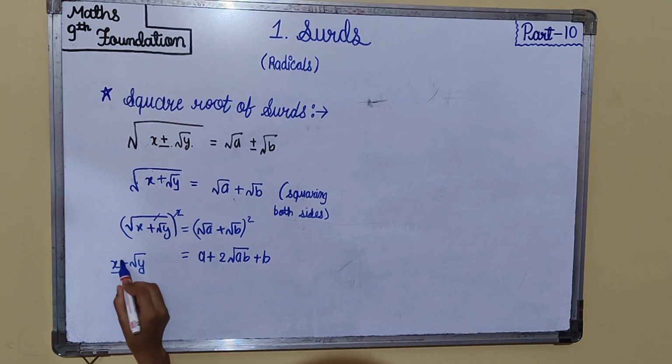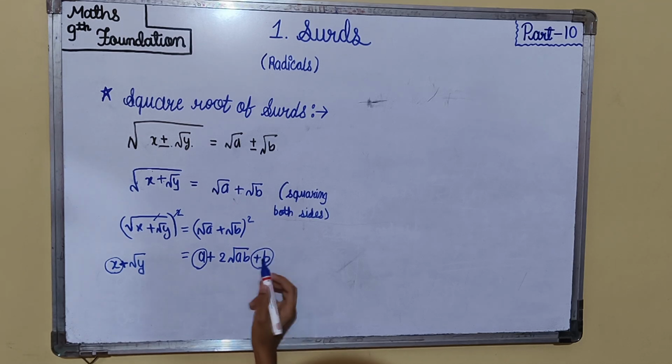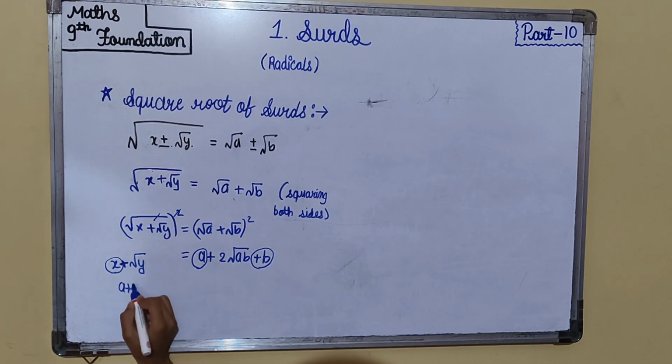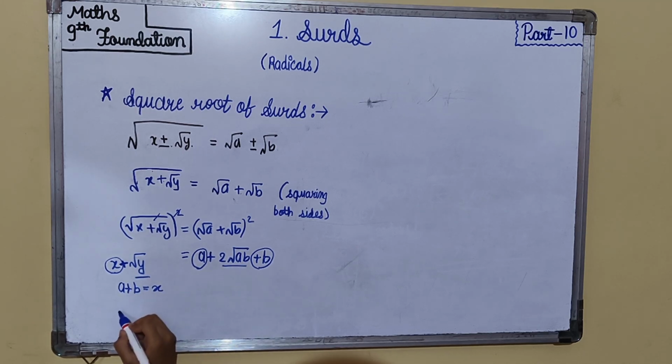So we can see x is rational, any rational number, and a and b are also rational. So we'll write a plus b is equal to x, and over here root y is irrational and 2 root ab is also irrational. So root y will be equal to 2 root ab.